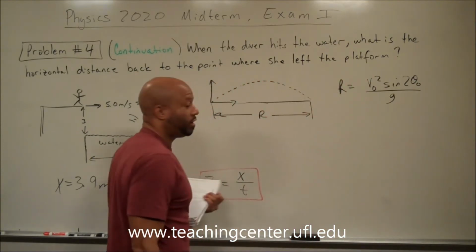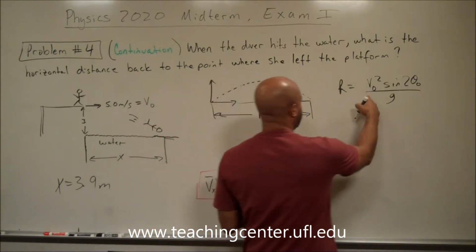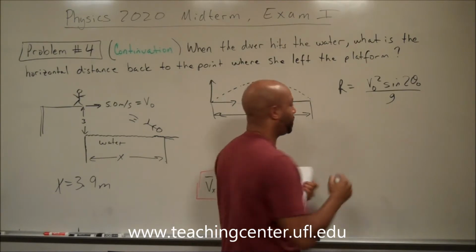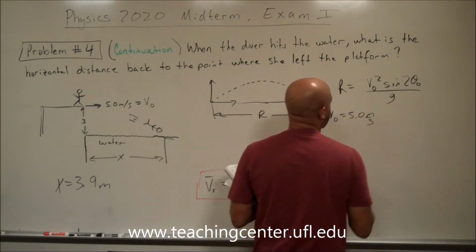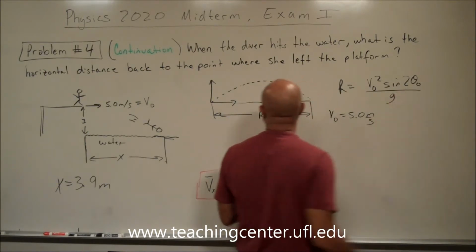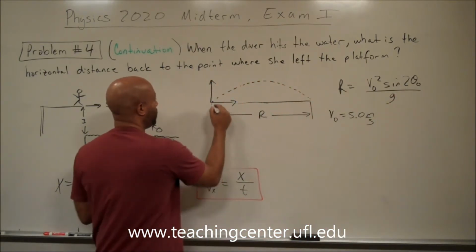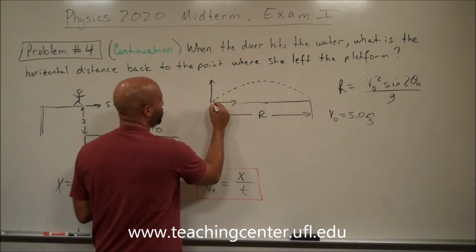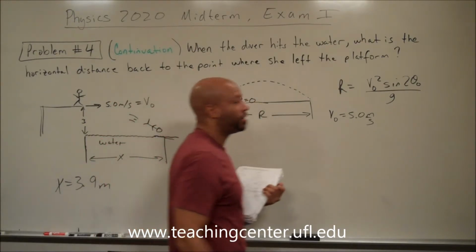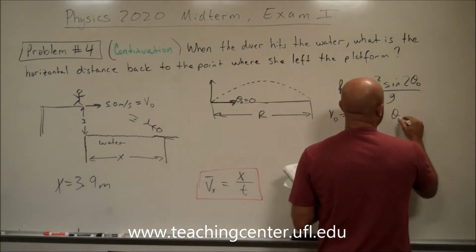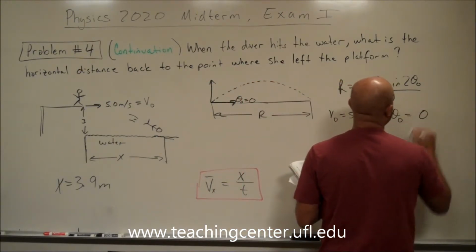And you say to yourself, well, we know the initial velocity, right? That was 5.0 meters per second. So we know that. And we do know the initial angle. There is no y component, so the initial angle basically is 0. So theta sub 0 is 0.